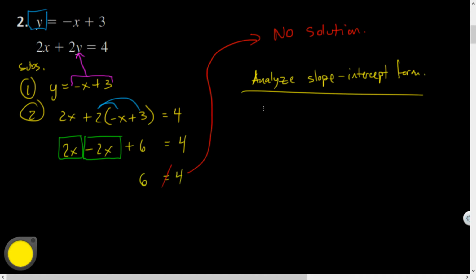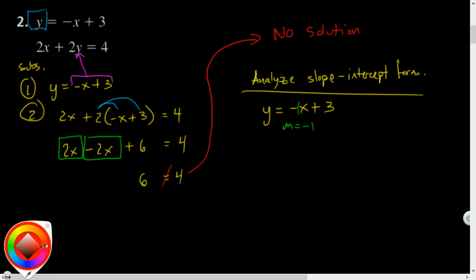All right, so the first one is y equals negative x plus 3. And so what is the slope here? The slope is the number in front of the x, which is negative 1, right? mx plus b. And what's the y-intercept? Yeah, the 3, the plus b there, right?